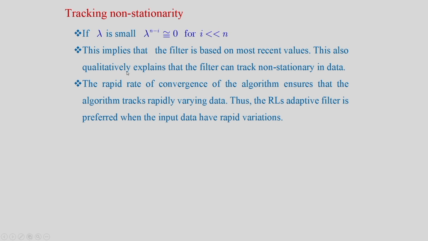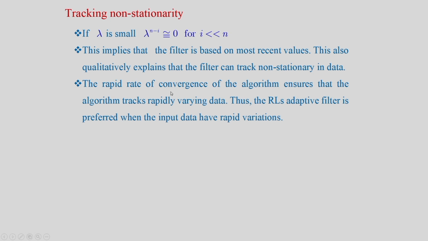This also qualitatively explains that the filter can track non-stationarity in data. So, this is one important factor: because of this forgetting factor, the RLS filter can track non-stationarity in data.